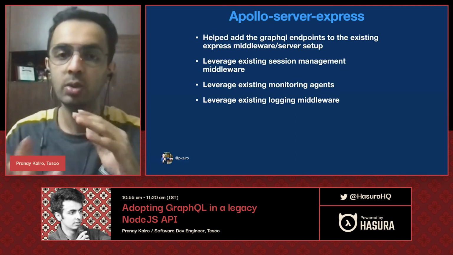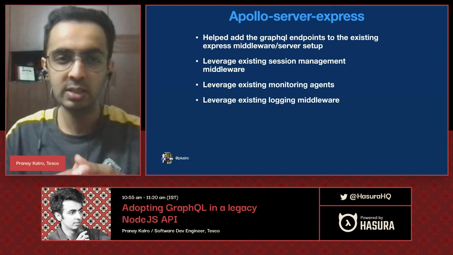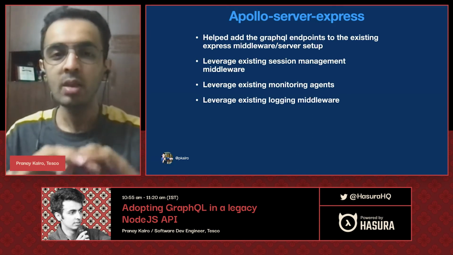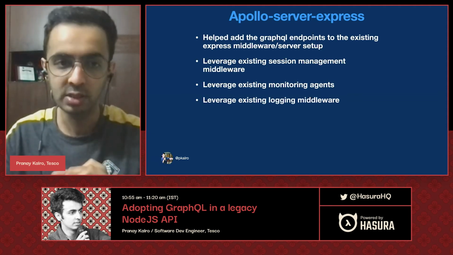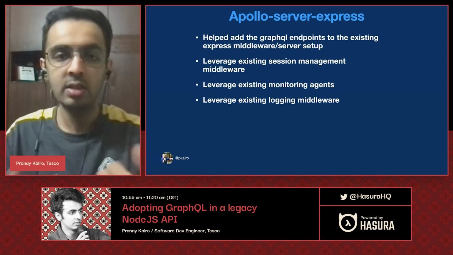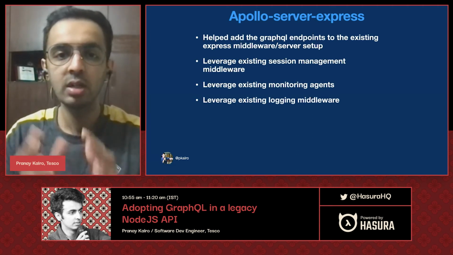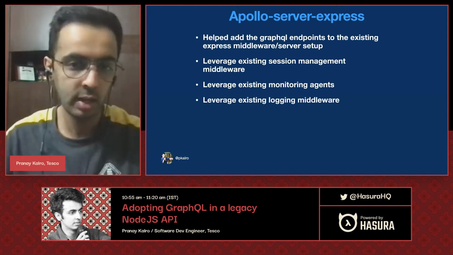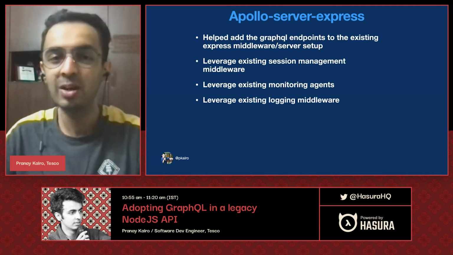So similarly, we used the existing Node.js server itself, and we just hooked on Apollo Server Express so that we can use the new GraphQL endpoint as part of the existing Node.js infrastructure. With this, there came many other advantages. Session management, like I mentioned, we reused ours because previously also session management was a middleware. Like someone who's worked on an Express server, you know that everything is middleware driven.